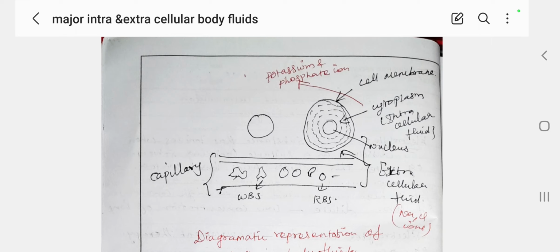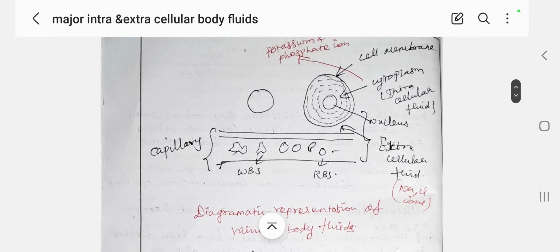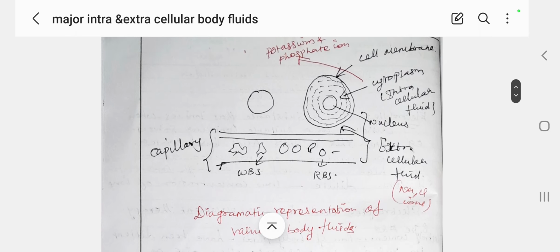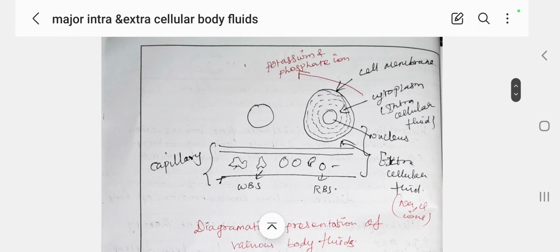Next, the cells have cytoplasm and cell membrane.